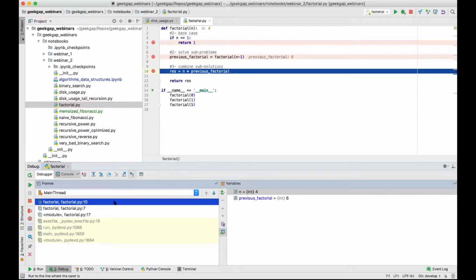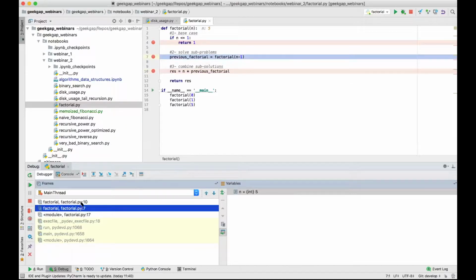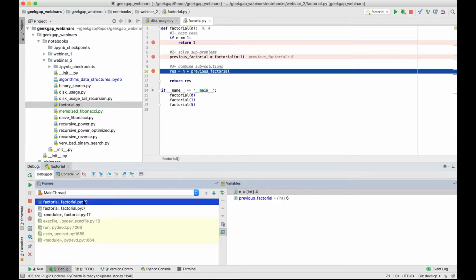This is factorial of 5, waiting for factorial of 4 to finish, and factorial of 4 needs to get its response from factorial of 3, which is the previous factorial. So we are going to return.